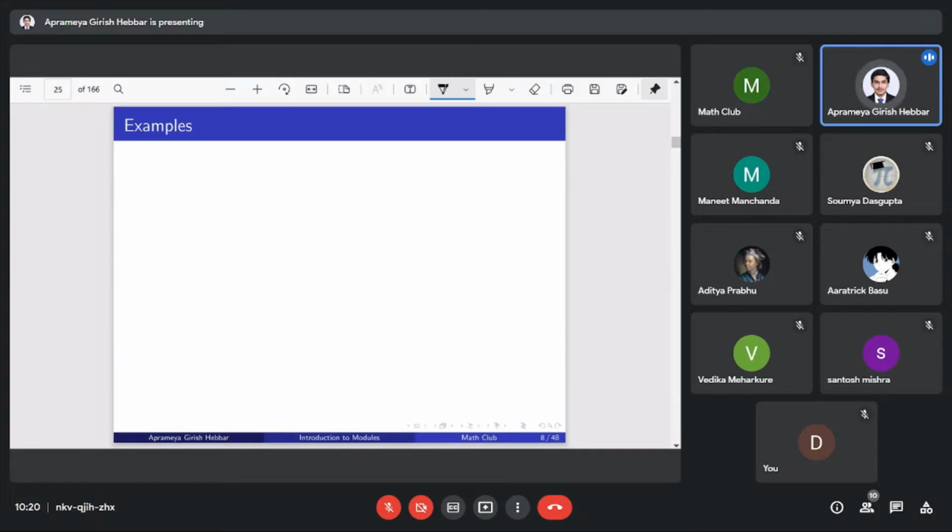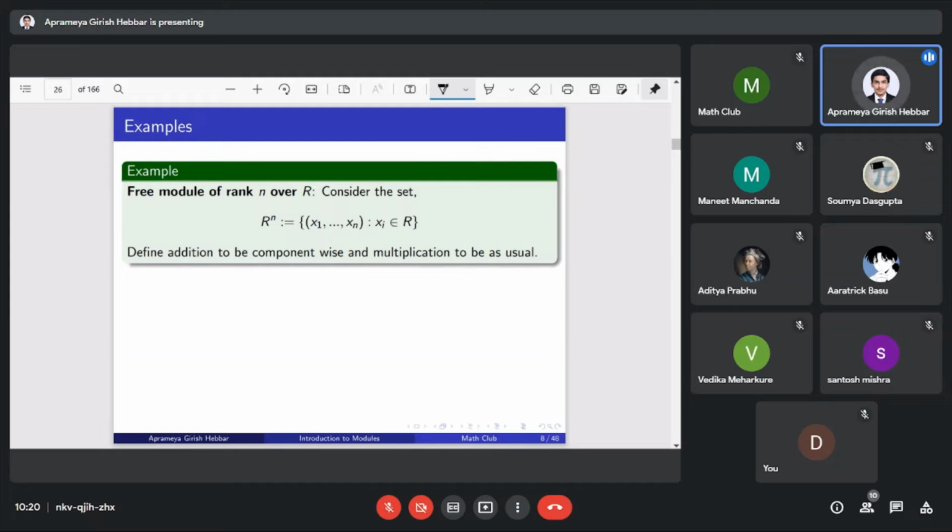So now let's get into some examples. The first example is what is called the free module of rank n over R. So what is this? Basically, it's nothing but R^n. Here R is a ring, and we consider all the n-tuples, that is x1 up to xn, with each element from the ring R. How do we define the addition? It's component wise.